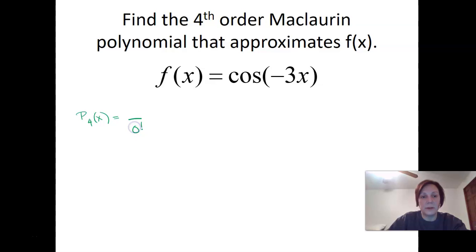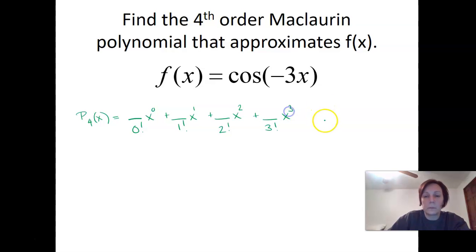So something over 0 factorial x to the 0. Now, I'm already pretty sure that I'm going to end up with only my even terms here. I'm pretty sure these derivatives are going to be 0, but I'm not going to not write them.